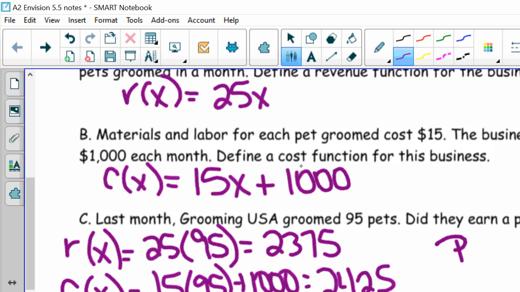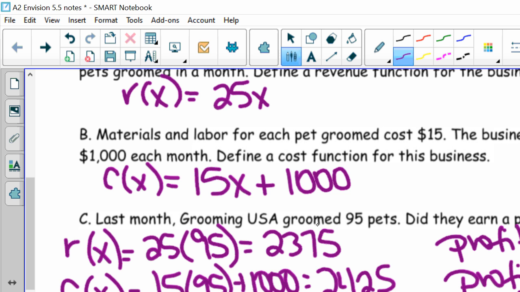Remember that profit is equal to revenue minus cost. So our profit would equal $2,375 minus $2,425, which is negative $50.